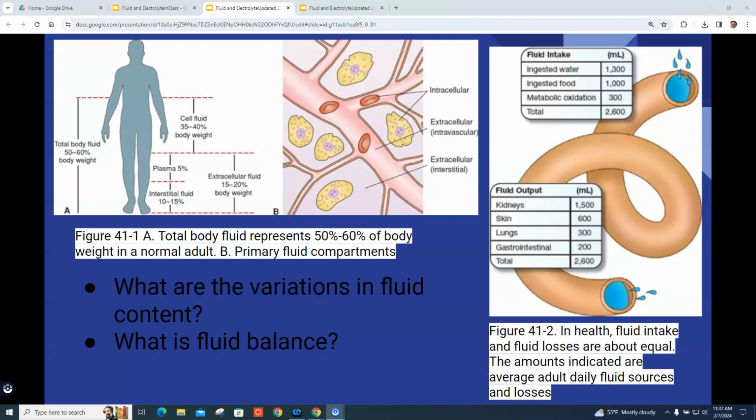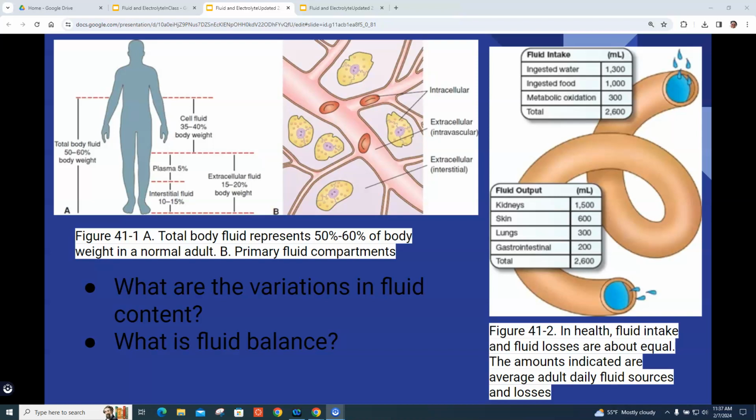It's about 1%. And it's called the transcellular fluid, and this transcellular fluid is usually found in places such as the cerebral spinal fluid, pericardial space, synovial fluids, pleural space, and it is a very small amount.